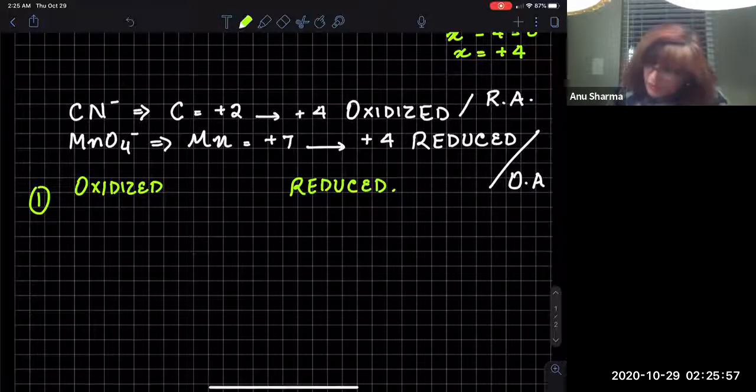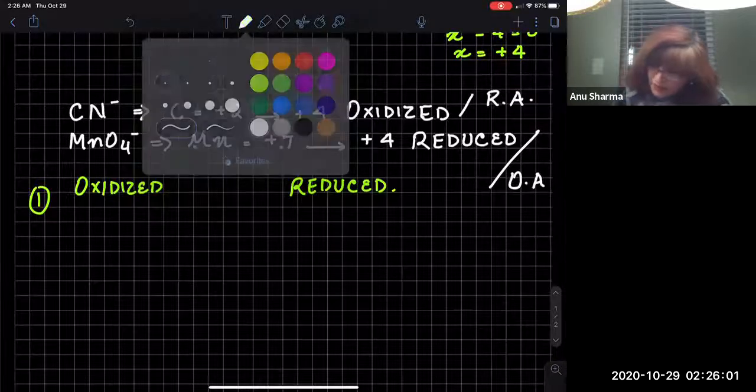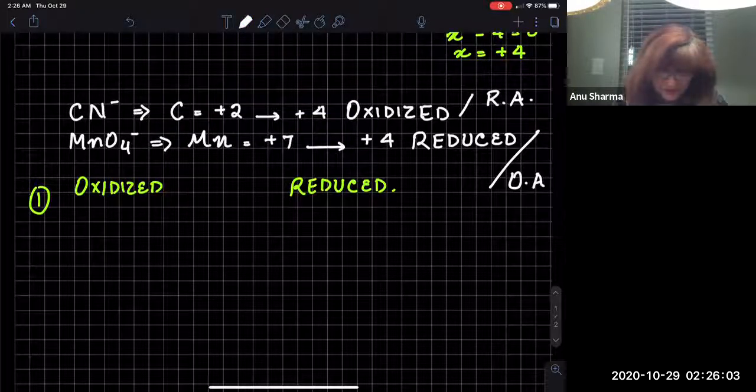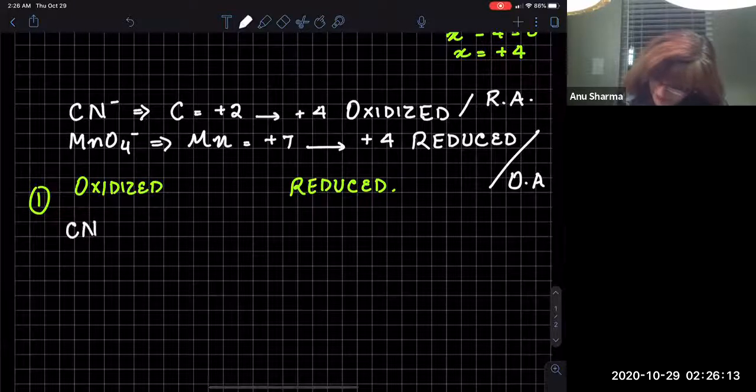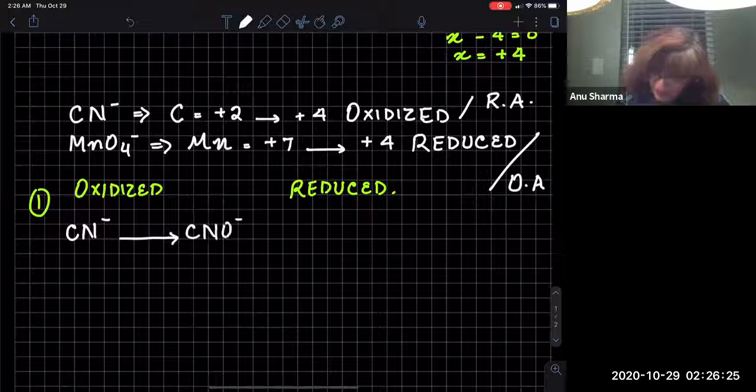All right, so let's bring in the CN. So bring in CN one negative, and that's going to CNO, one negative.